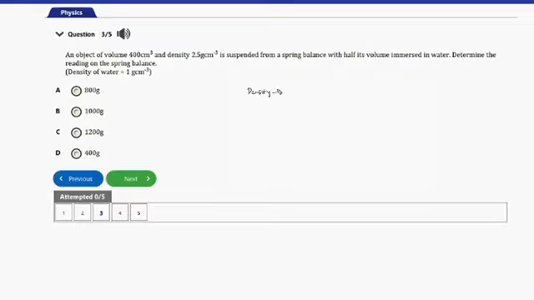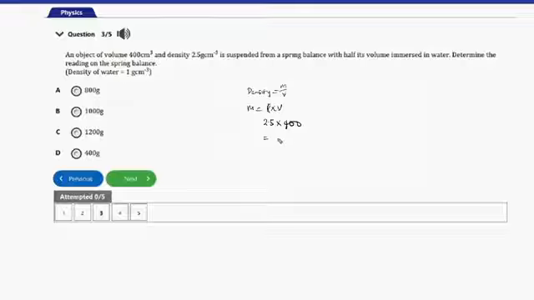Since density is mass over volume, then mass is going to be density times volume. So guys, the density of the object is going to be 2.5 grams per cm cube, and the volume is 400 cm cube.